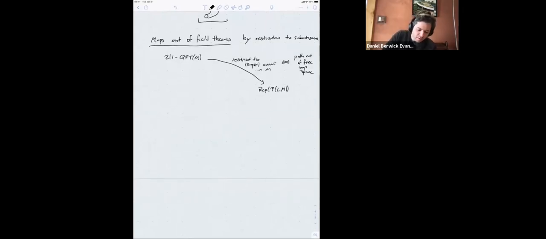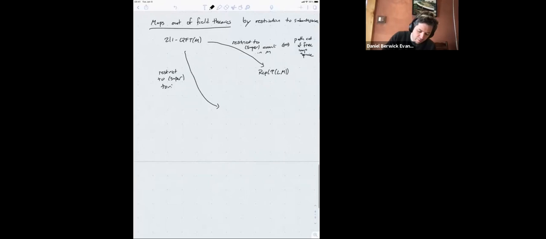Another restriction you can make is to super tori, or to tori. So this is just like the double loop space of M, but again with some decorations.